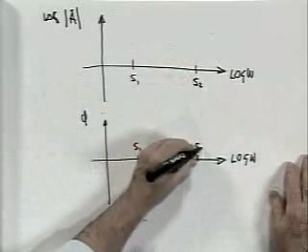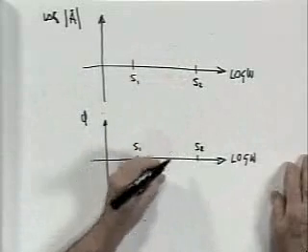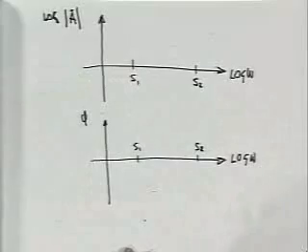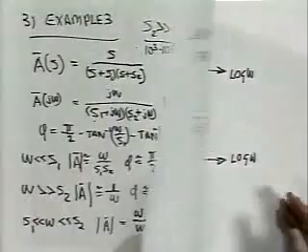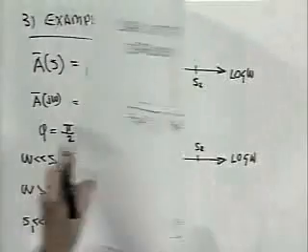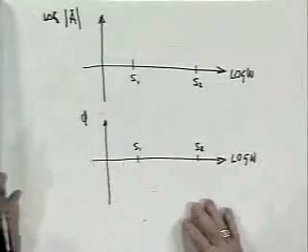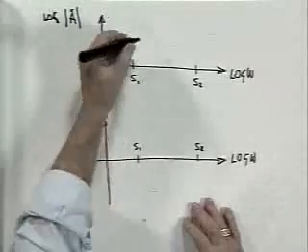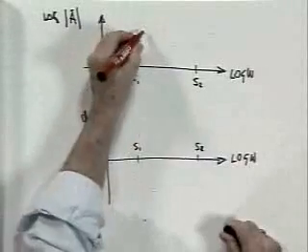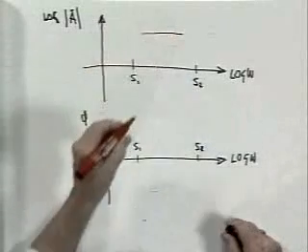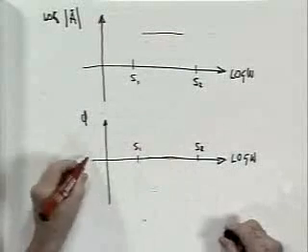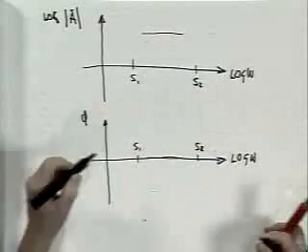They may be separated by several decades. In between S1 and S2, the function is a constant, 1 over S2, and the angle is 0. So in this range, the asymptote looks like this, and the angle looks like this, 0. This is 0 degrees here.